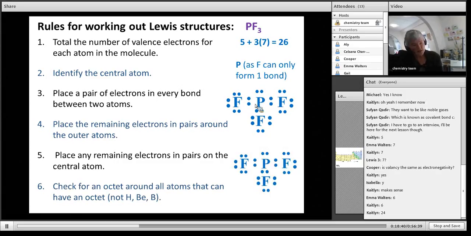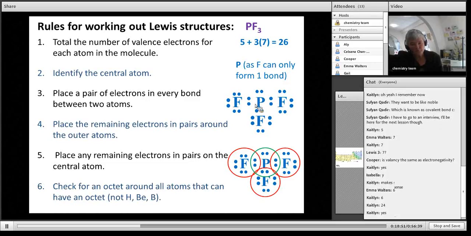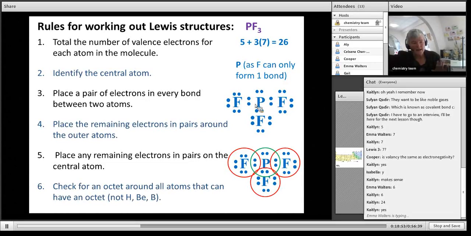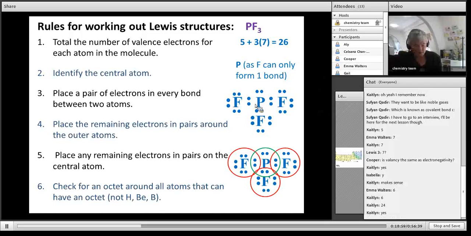So there's my Lewis structure that I've just drawn. Look around each atom. Do they all have 8 electrons around them? Yes. And if you've done that, you are pretty sure that your Lewis structure is perfect. Okay. So that is the Lewis structure for phosphorus trifluoride.